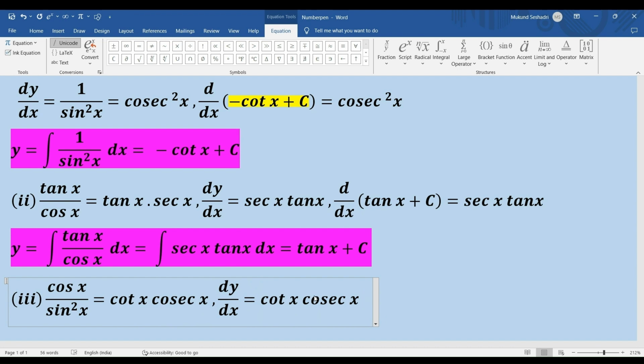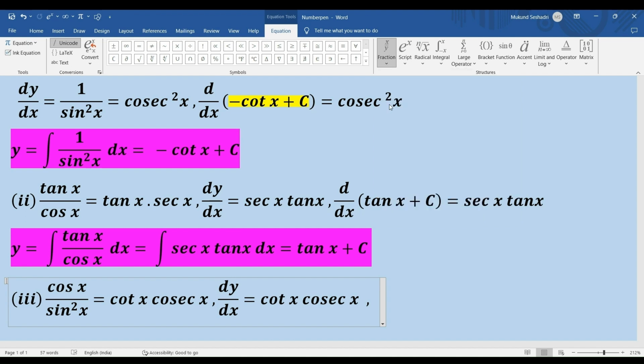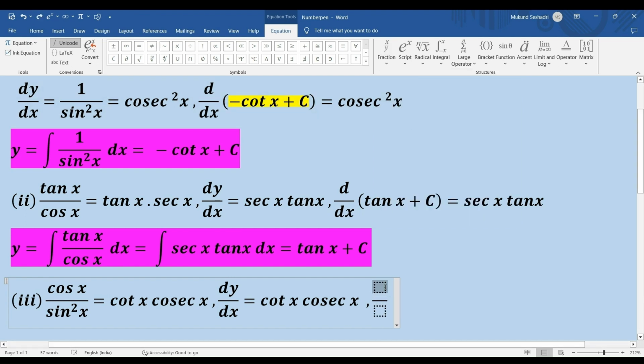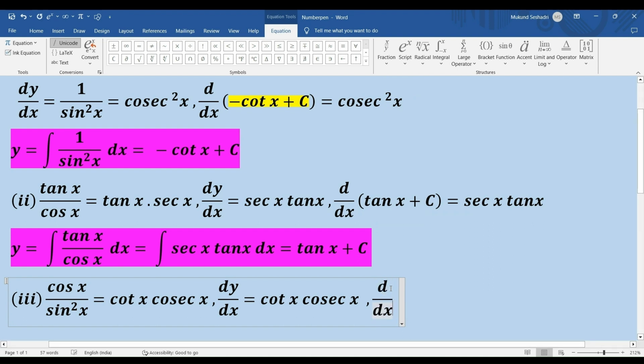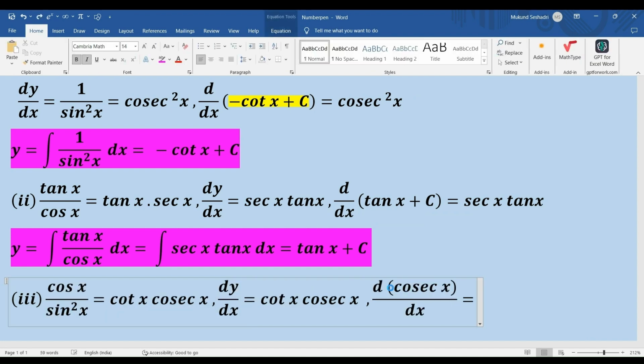I know from first principles that my d by dx of cosecant x is minus cosecant x cot x, right? So let's write that. D by dx of cosecant x is nothing but minus cosecant x cot x.